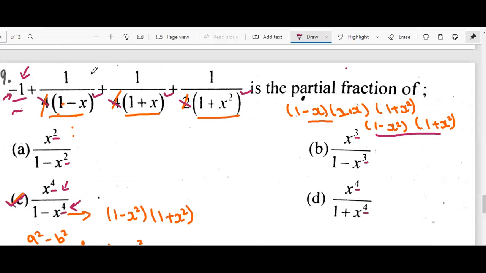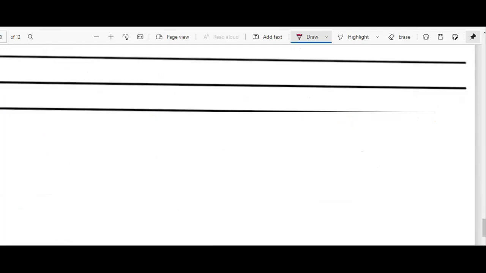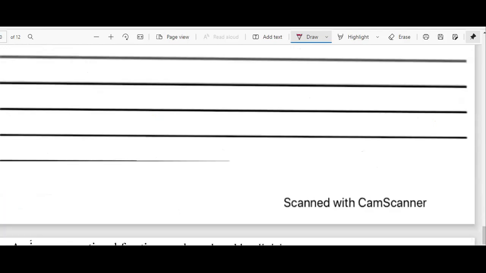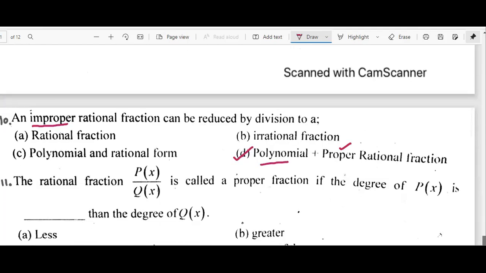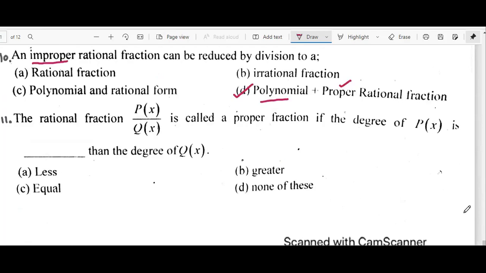And all the other fractions are proper fractions because the degree of numerator is 0 and the degree of denominator is 1 and 2 in this case, right? So since the degree of numerator is less than the degree of denominator, it is a proper fraction. Okay. So this is why D is going to be the answer.